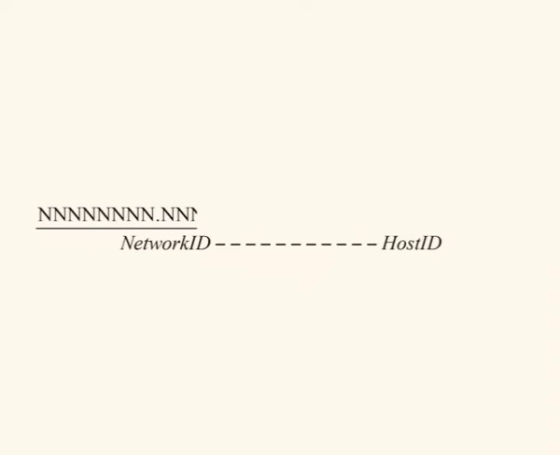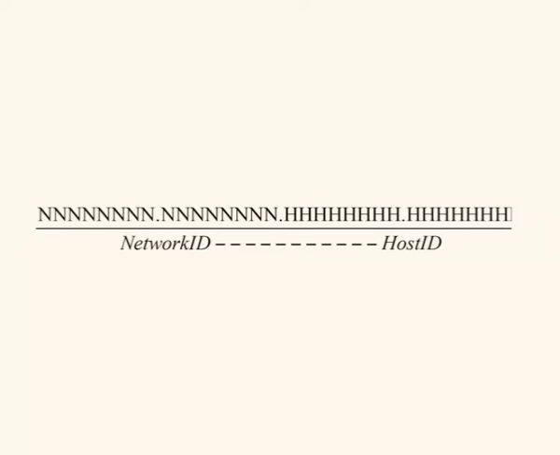Class B. In class B, the 2 most significant octets are used as network ID. The range of the first octet of a class B IP address is from 128 to 191. The last 2 octets are used for host ID.